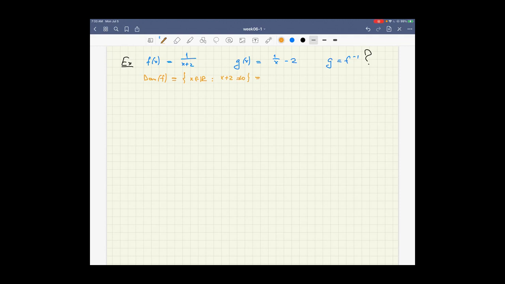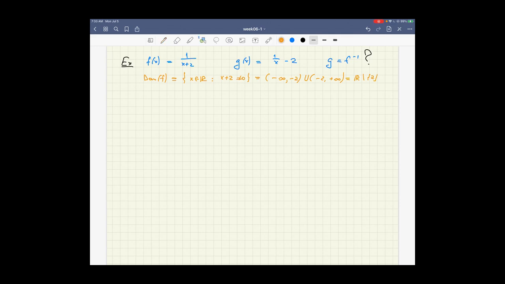That is a union of two intervals from negative infinity to negative 2 and from negative 2 to infinity. Or you can write this as R minus the set containing negative 2.